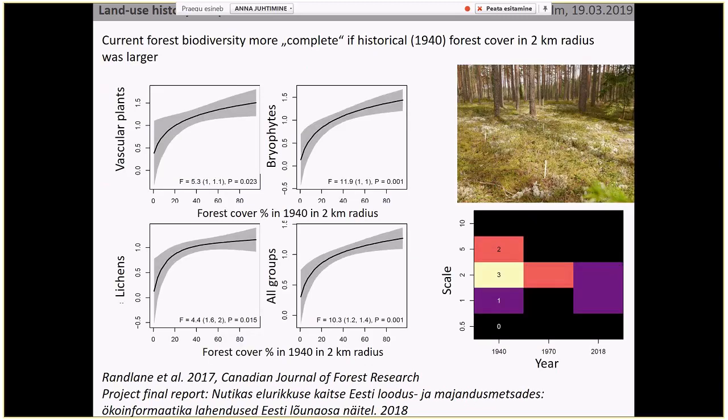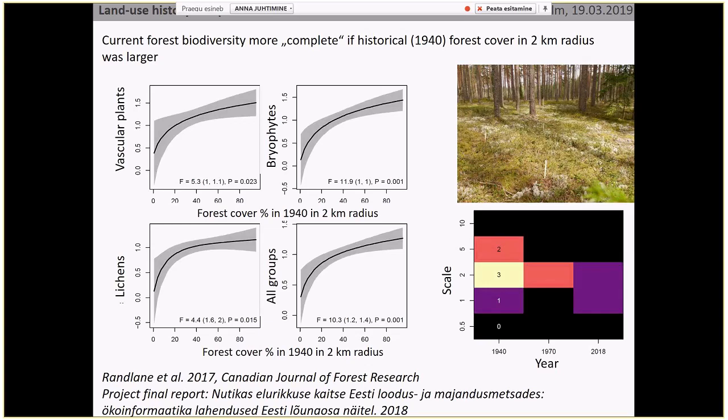However, when we did a very extensive study in Estonian forests, covering more than 100 sites all around southern Estonia, we saw that current forest biodiversity is very strongly related to the historical forest area or forest cover.